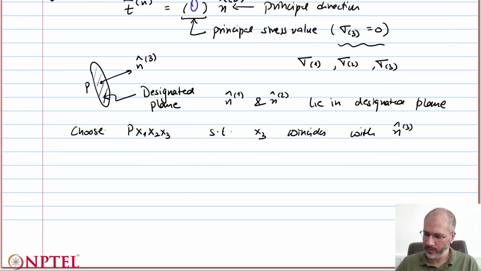So this becomes our x3 direction, and the other two directions x1 and x2, which as you can see will lie in the designated plane, can be chosen arbitrarily for the discussion right now. I've shown just one choice of x1 and x2 directions which lie in the designated plane, but they may not necessarily coincide with the principal directions as of now.